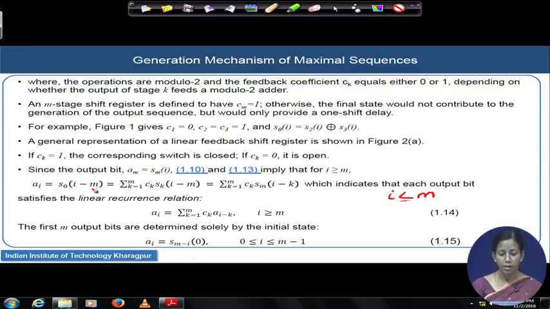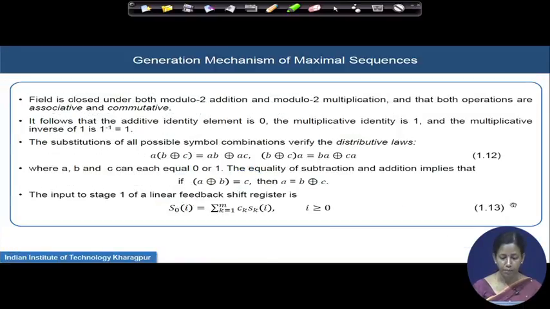Okay. And if this is the situation, I can substitute the value of S_0, because we have already seen the value of S_0 in the last equation, in the last slide. The value of my S_0 is given by expression 1.13.